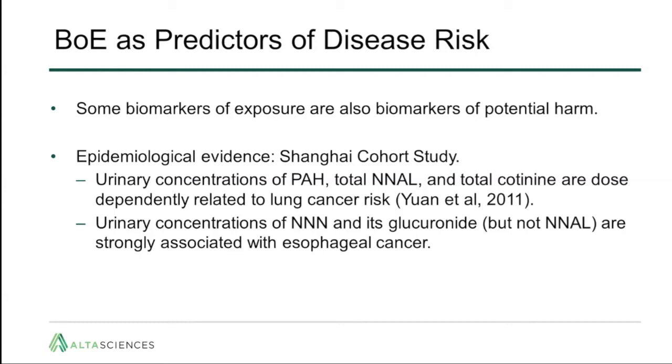From some epidemiological evidence from the Shanghai cohort study, the urinary concentrations of the polycyclic aromatic hydrocarbons, total NNAL, and total cotinine are dose-dependently related to lung cancer risk. So they can be useful tools in determining how much of a risk there is. And for example, urinary concentrations of NNN and its glucuronide are strongly associated with esophageal cancer. So again, there could be predictions of harm.